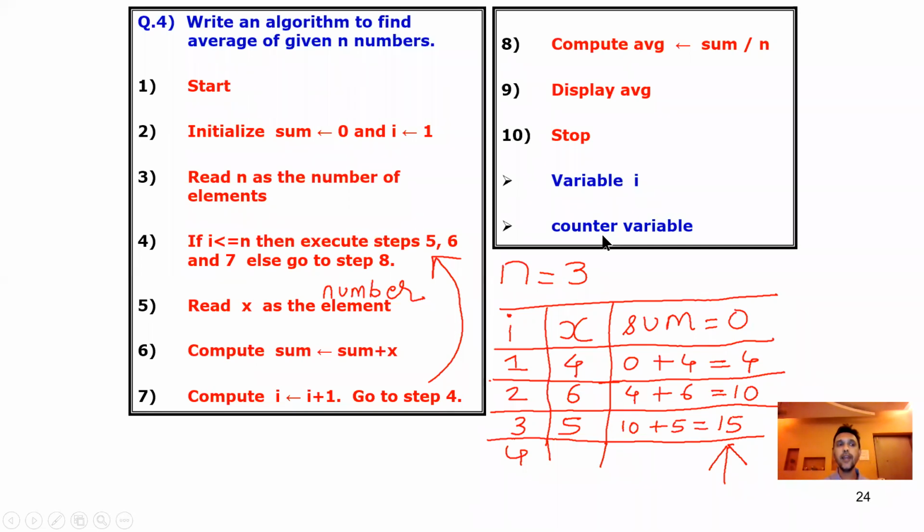When I was 1, the loop executed the first time. I was 2, so the loop executed the second time. I was 3, the third time. And when I was 4, the loop stopped. So variable I is controlling the loop. It is a counter variable.